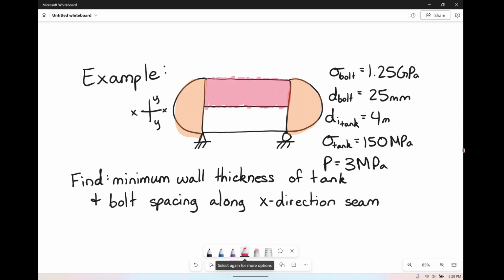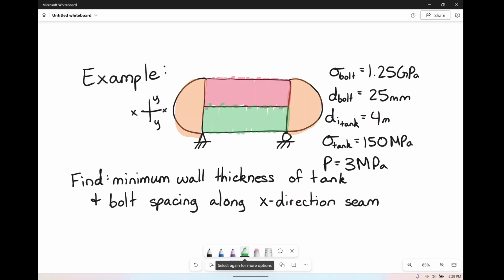We have that top shape, which is a semicircle effectively, but in a longitudinal direction, and we have this one, which is also a semicircle, but in a longitudinal direction. The black lines that connect the pieces are bolts that are going to hold it together.